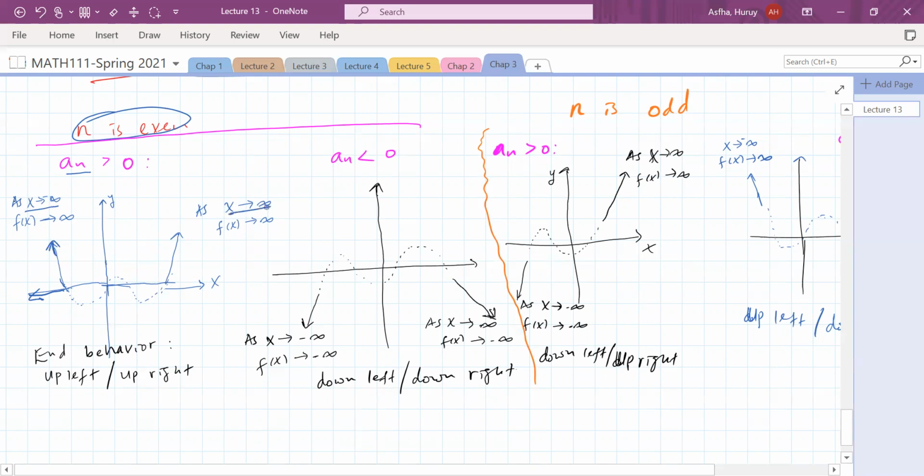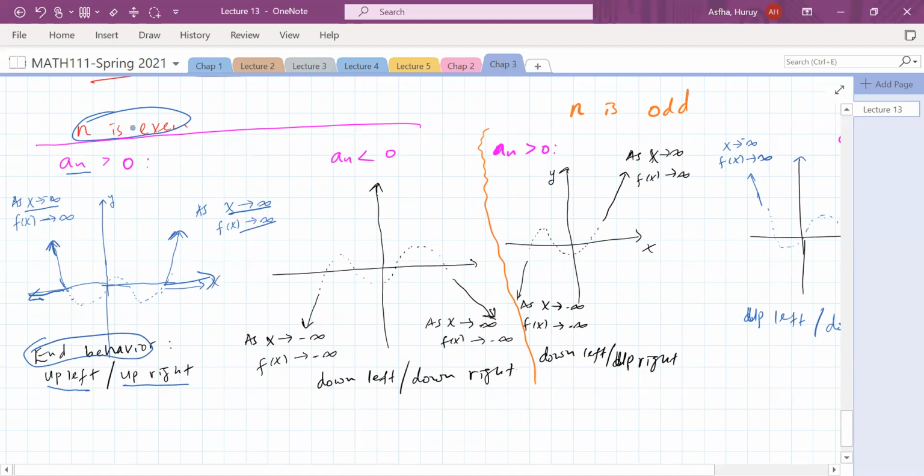And as x goes to positive infinity, the graph again goes to positive infinity. So both endpoints are going upwards: the left side is going up left, and the right side is going up right, which means this one.